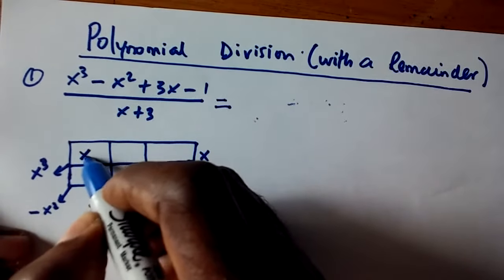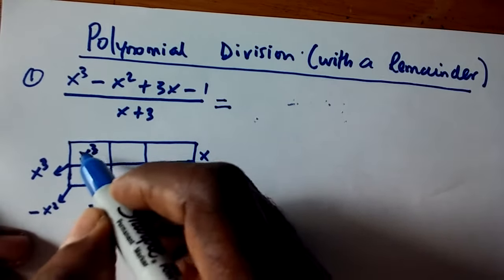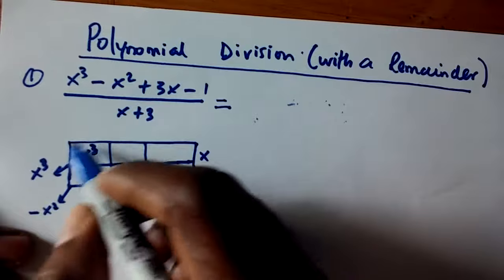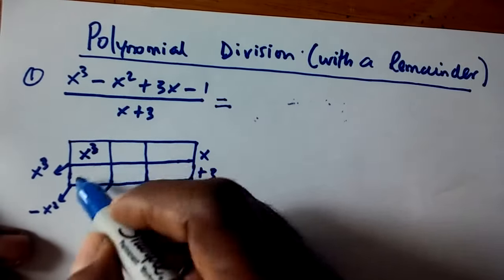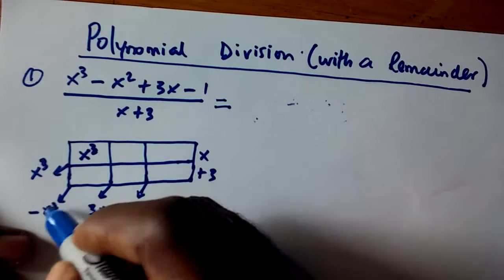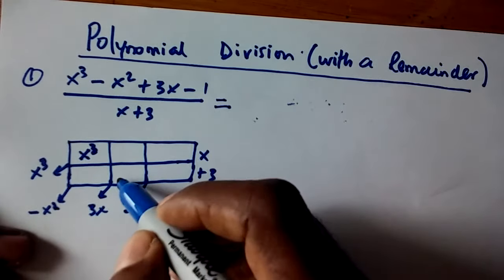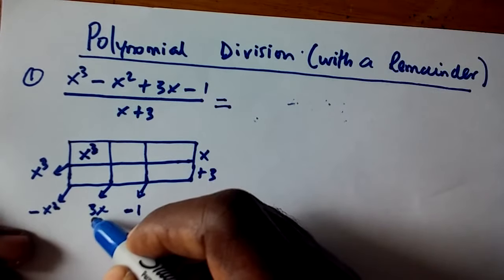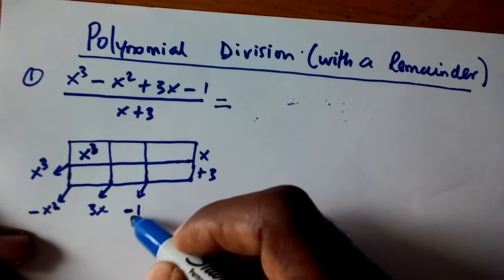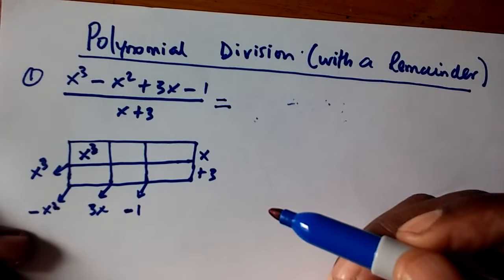This is coming out from the sum of this. It's only one cell. Here there are 2 cells. So whatever is going to come into these 2 cells must add up to -x squared, and so on and so forth. These 2 cells must add up to 3x, and this 1 cell must add up to -1. So now let's start the process.